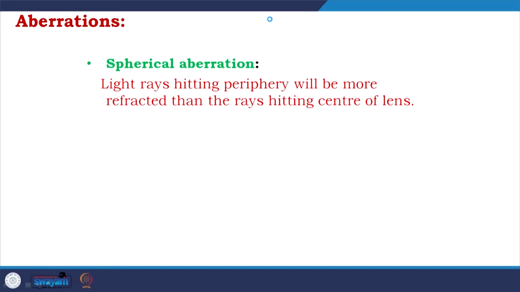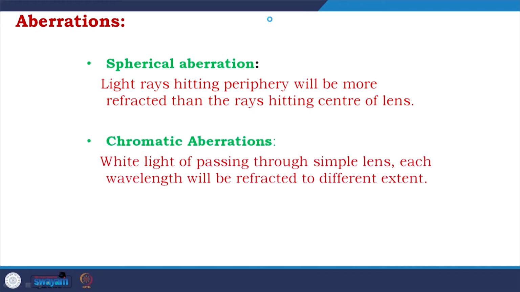Now, what is aberration? There are two types of aberration. One is spherical aberration. Light rays hitting the periphery will be more refracted than the rays hitting the center of the lens, and there is chromatic aberration. White light passing through a simple lens, each wavelength will be refracted to a different extent. So, if you have the lens, the refraction here and at the edge would be different.